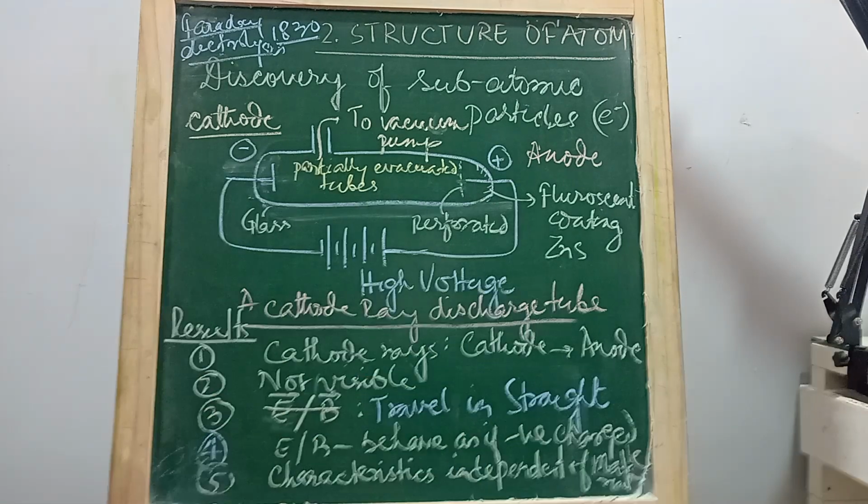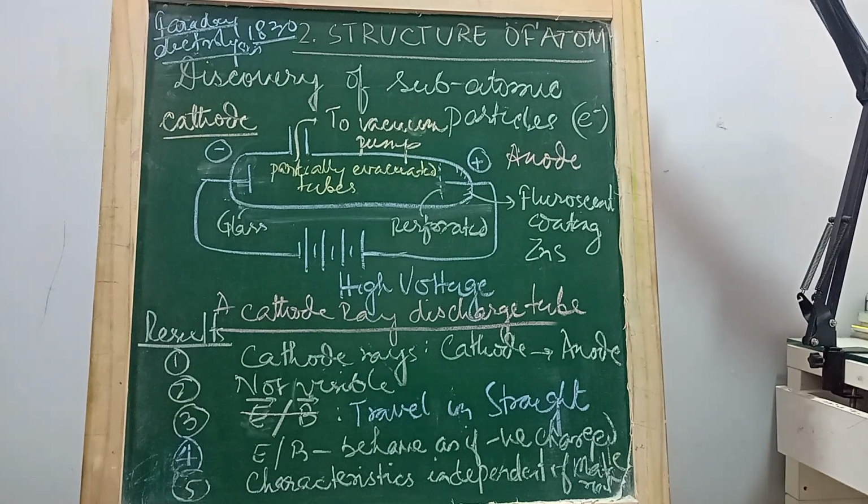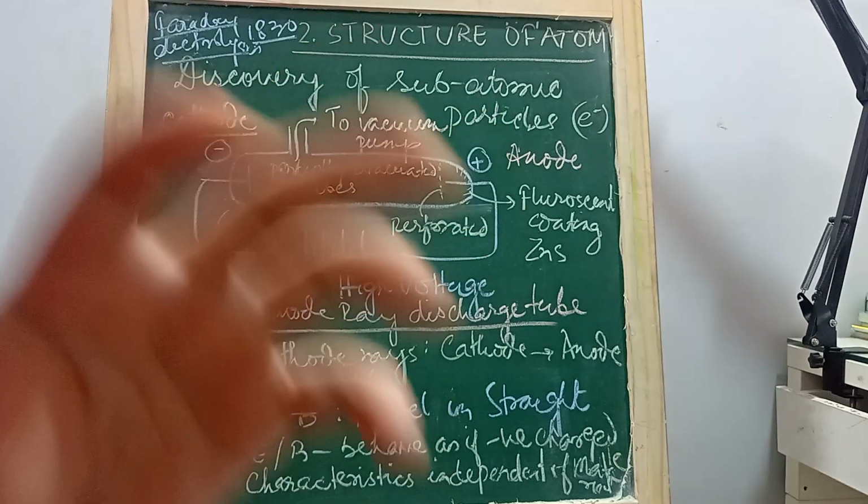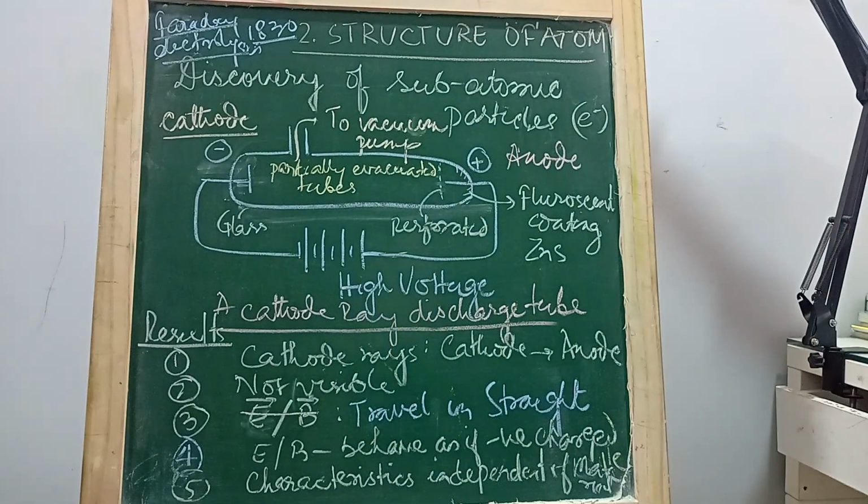That could not be explained. So basically, the formation of charge by matter, maybe positive or negative charge, because of which matter attracts or repels when electrically charged, could not be explained by considering that matter is made up of atoms which are indivisible.